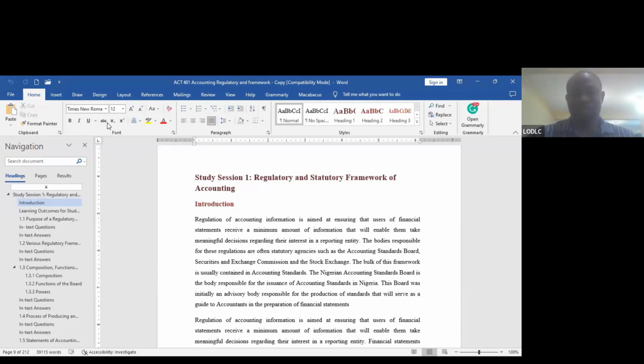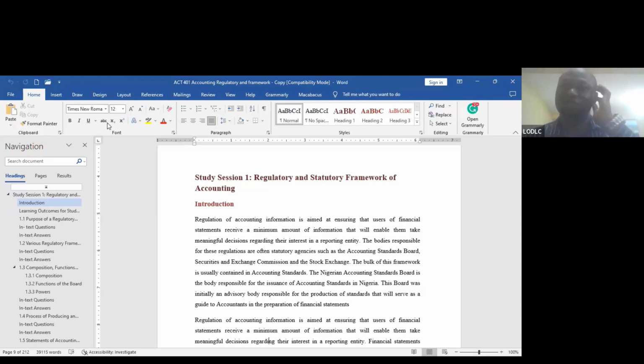One of the requirements is the statement of financial position. So every user or shareholder in a particular organization must be given a financial position, or what we can call a balance sheet. Then another information required of the organization is the statement of profit or loss and other comprehensive income.